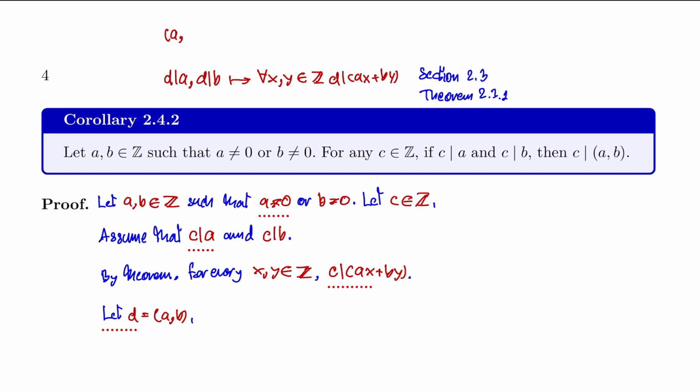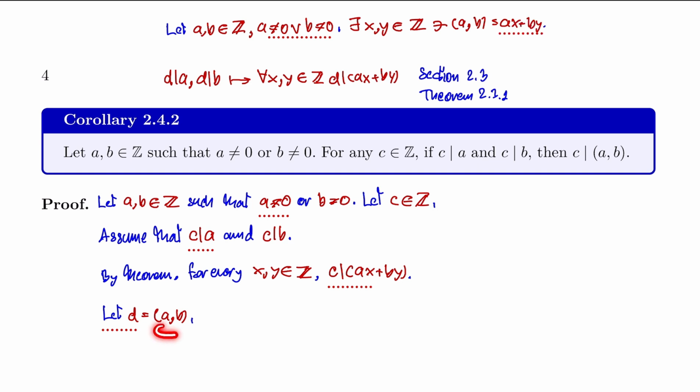Okay, let's use a theorem. If you have the greatest common divisor of a and b, then it exists, right? If you let a and b be integers such that a is not 0 or b is not 0, then there exist integers x and y such that the greatest common divisor of a and b is ax plus by.